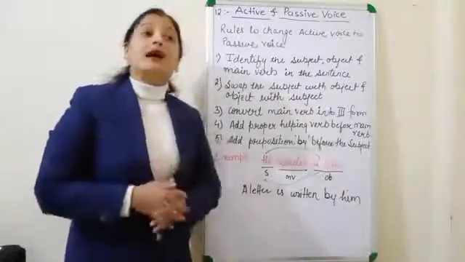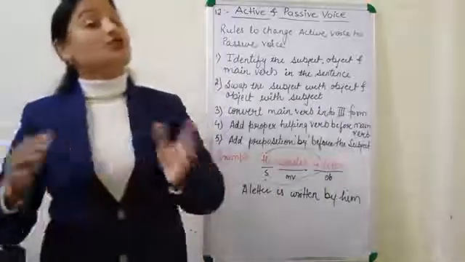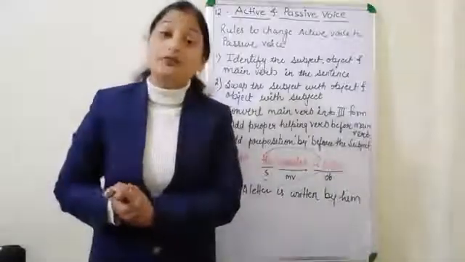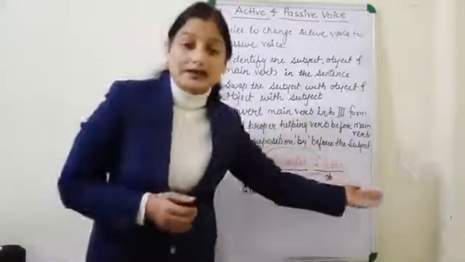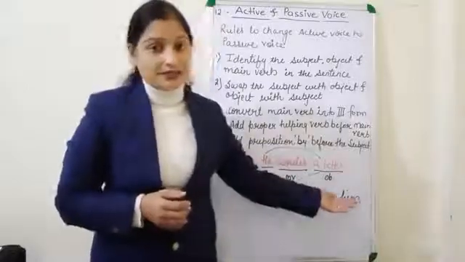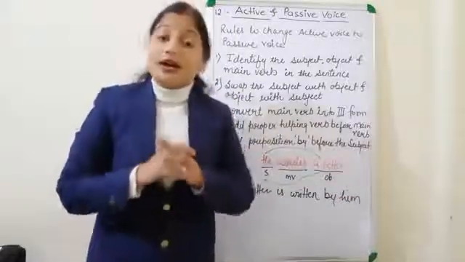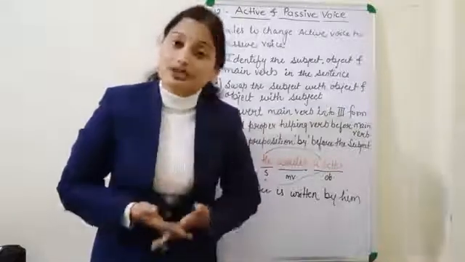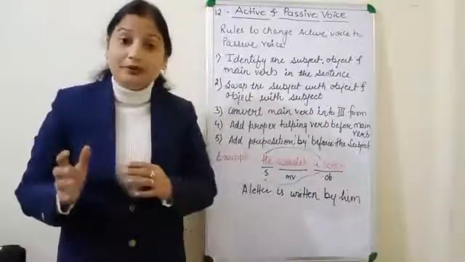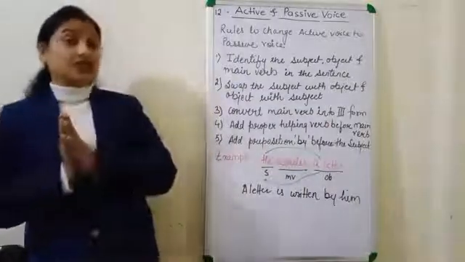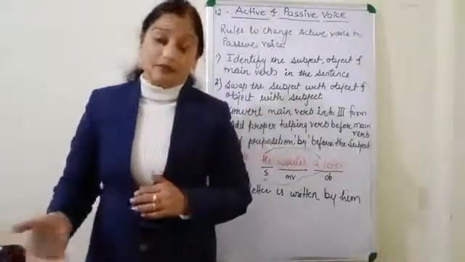Okay. Now, what are the types of sentences which can be changed into passive voice? The question may come in our mind because somewhere I have written the past tense, somewhere I have written the present tense, and like this only. So what are the types of sentence which can be changed into the passive voice? So children, if you remember, then we can change the present tense, the past tense and the future tense into the passive voice.